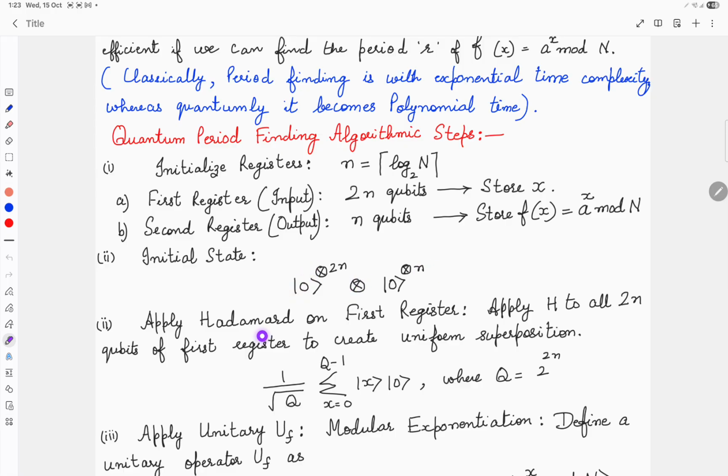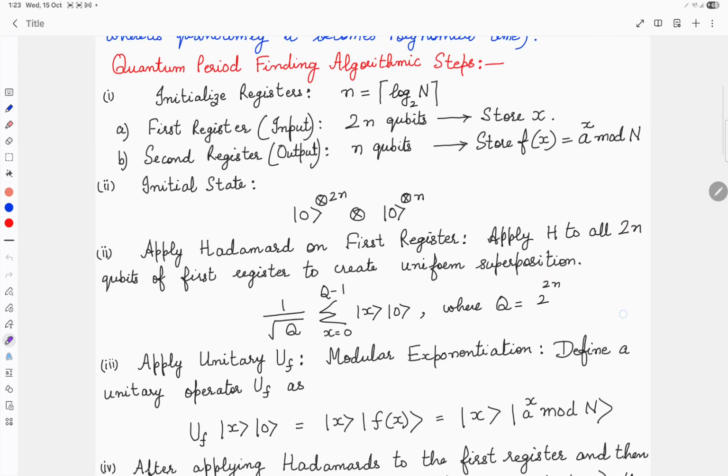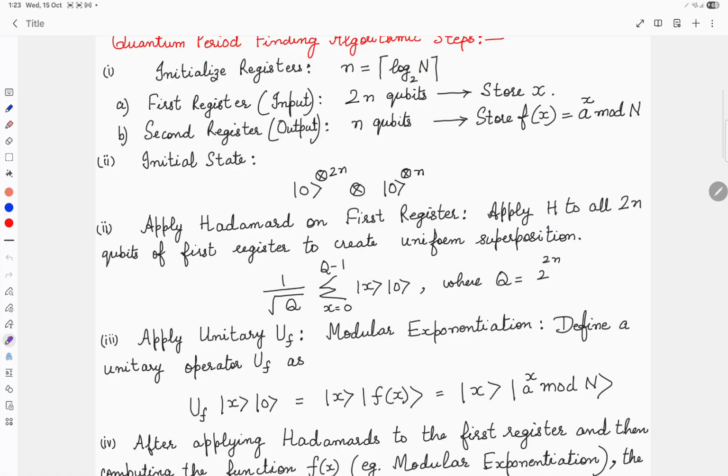We apply the Hadamard gate on all the qubits of the first register. So apply H to all 2n qubits of the first register to create a uniform superposition. Applying the Hadamard gate will create a uniform superposition with amplitude 1 over square root of Q, where Q is equal to 2 raised to the power 2n.